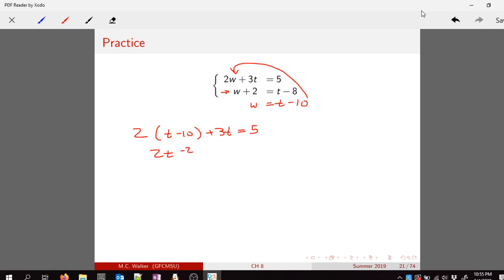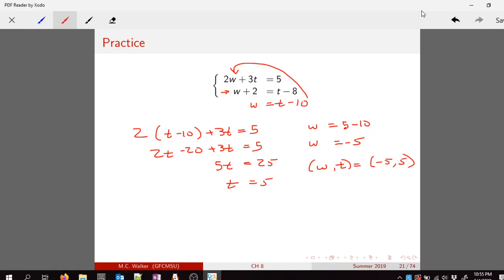So 2t minus 20 plus 3t is equal to 5. 5t is equal to 25. t is equal to 5. And if t is equal to 5, then w is equal to 5 minus 10, which is -5. So we'd say w, t is equal to -5, 5.